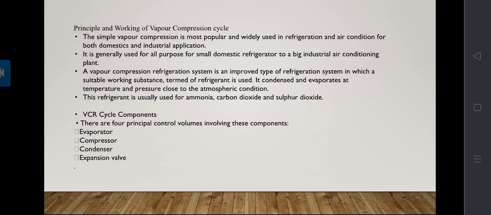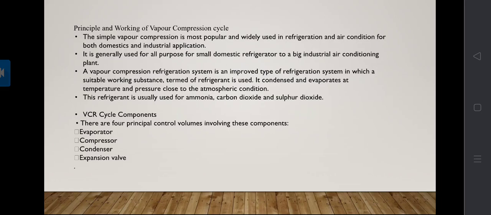Here in the vapor compression cycle, a liquid is used as the refrigerant in place of air, as in the air refrigeration cycle. The liquid refrigerant boils in the evaporator, which is at low pressure, by absorbing latent heat, and the vapors formed are condensed in the condenser, which is at high pressure, by rejecting latent heat.